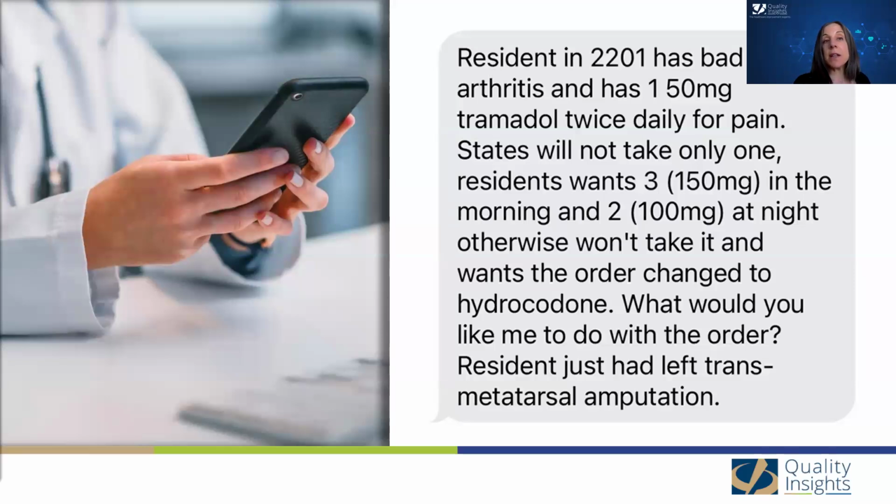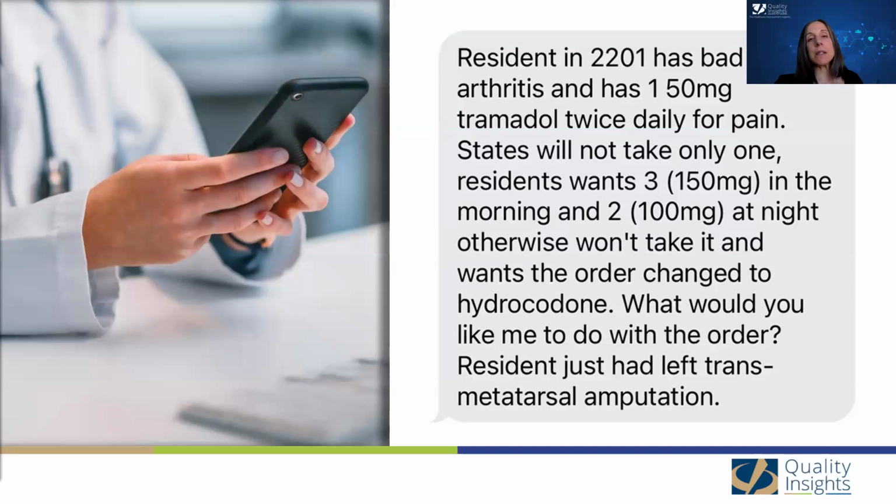So you can understand this is virtually impossible to respond to with an order that is medically appropriate. You can't just say, okay, increase that tramadol dose. That's not appropriate. Resident might overdose. That's too much of a dose escalation. And now the resident wants hydrocodone, and we don't know when the surgery happened.